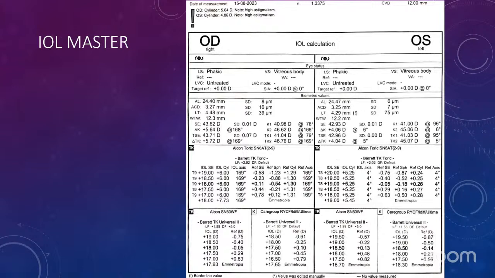Suppose the patient has 1.75 diopter cylinder and the steep axis is 90 degrees. Then do you advise a toric IOL for this patient?